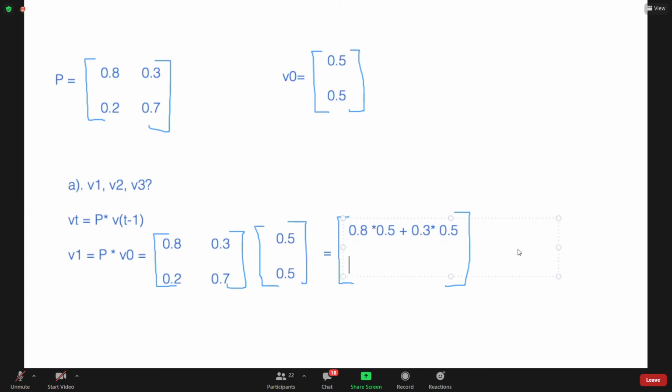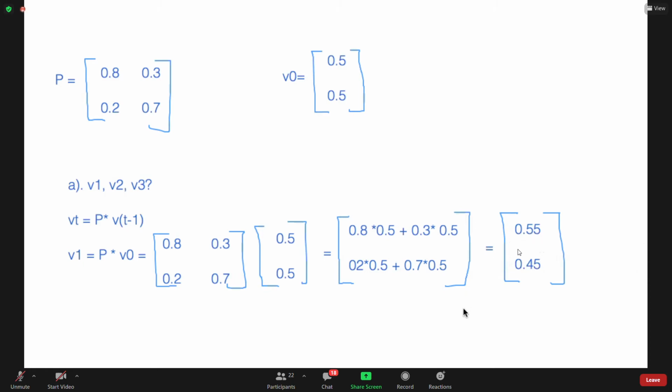And the second term of our matrix will be 0.2 multiplied by 0.5 plus 0.7 multiplied by 0.5. And if we take a calculator and do this calculus, we should obtain 0.55 and 0.45.